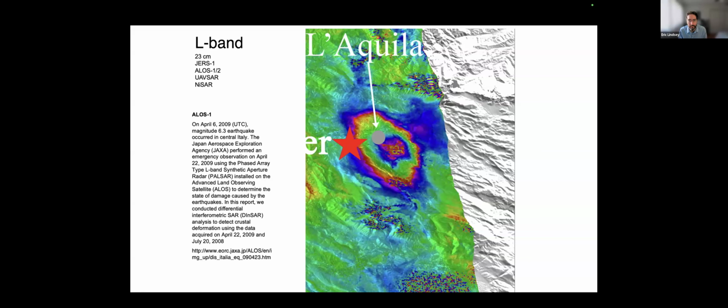NISAR is going to be an L band satellite as well as an S band. S is in between L and C. So NISAR should have really good coherence. ALOS-2 also has good coherence from the L band, but it's susceptible to the ionospheric effect, so you have to take that extra step for the correction.